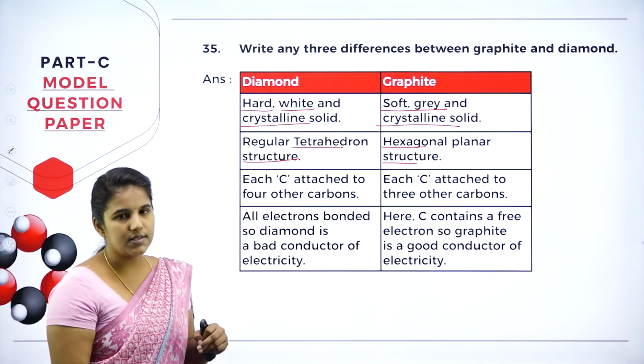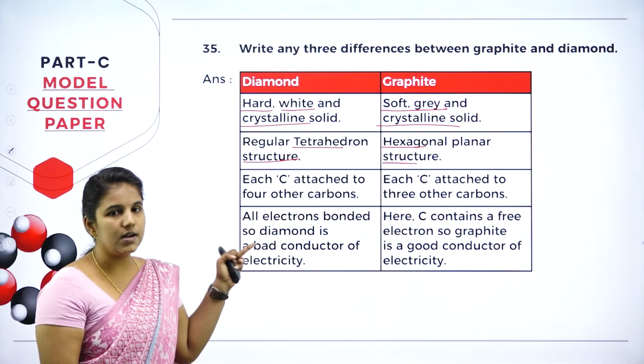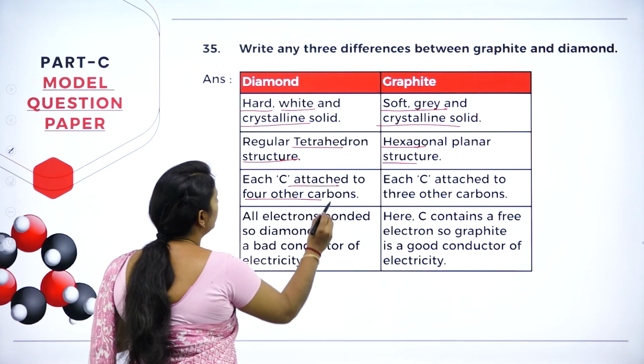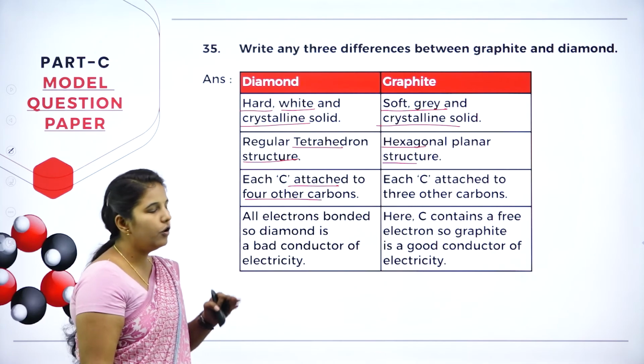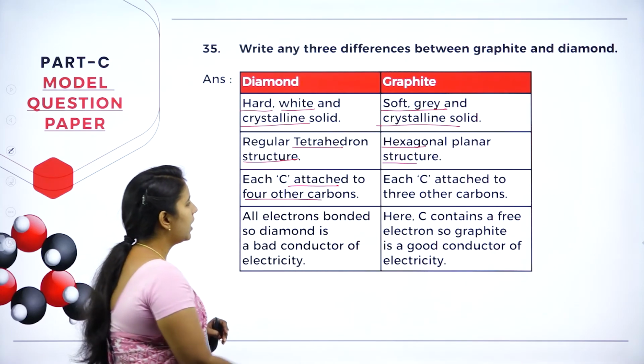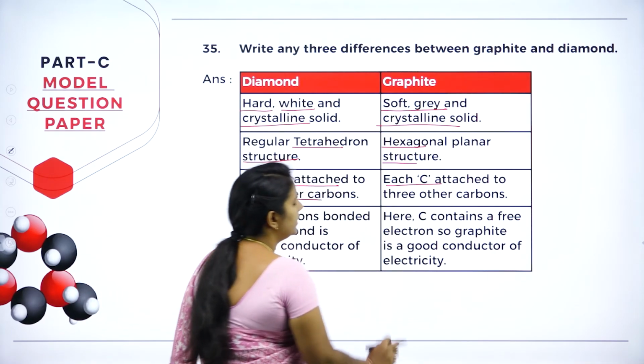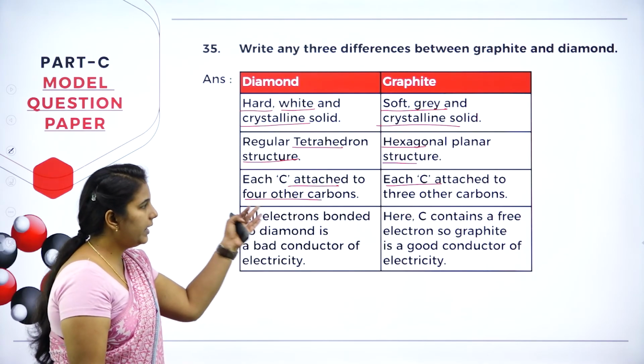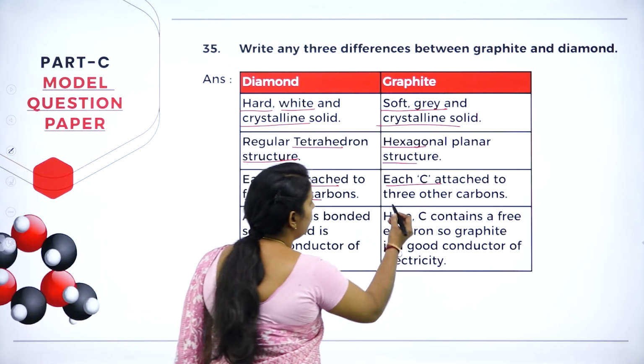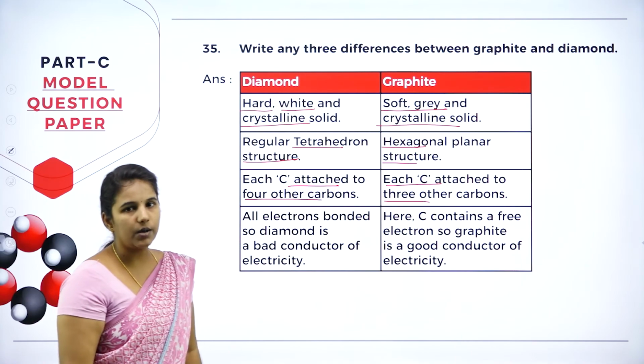Hexagonal planar structure. Also, in diamond, each carbon atom is attached to 4 other carbon atoms, whereas in graphite, each carbon atom is attached to 3 other carbon atoms.